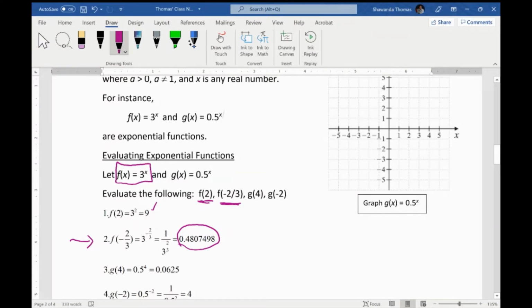So see, can you get to 0.4807498? And when you do, put a number 1 in the chat to let me know that you were able to get to that number. Okay, very good. Let me stop this poll. All right.